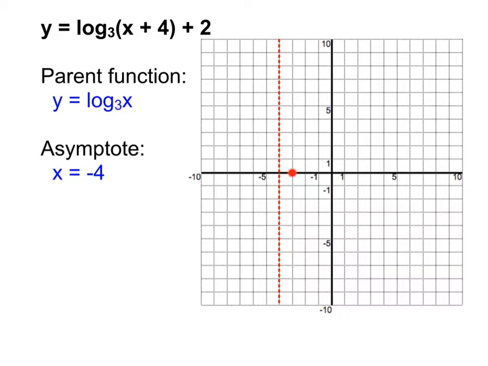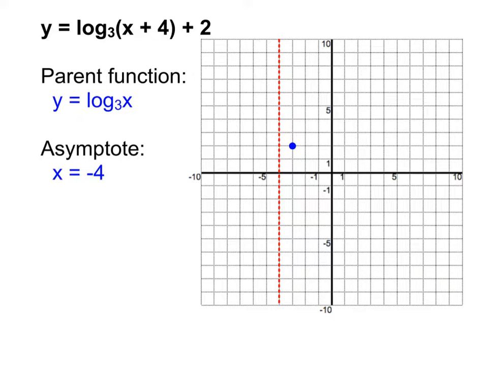Specifically, the plus 2 hanging on the end moves this point up 2. But notice it's still starting over 1. And so that's where your first point goes. So I'm saying, normally I start over 1, and I'm just moving that point that's normally over 1 up 2. I've now used the plus 4. I've now used the plus 2.